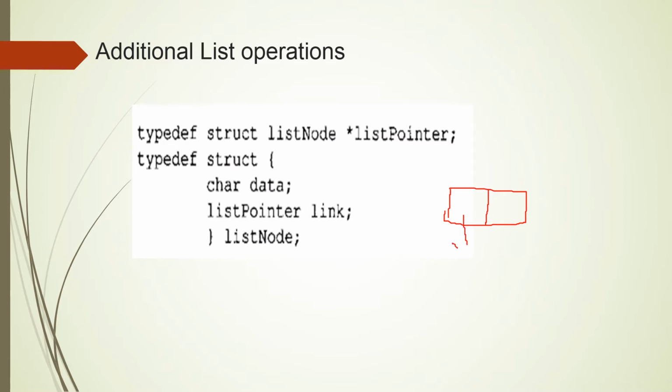The name of the first field is data, and the name of the second field is link. The first field, that is the data field, is capable of holding a character, and the link field is capable of holding the address of a next node of the same type.